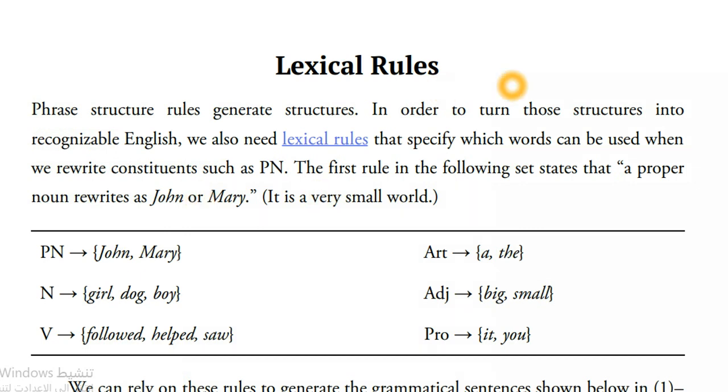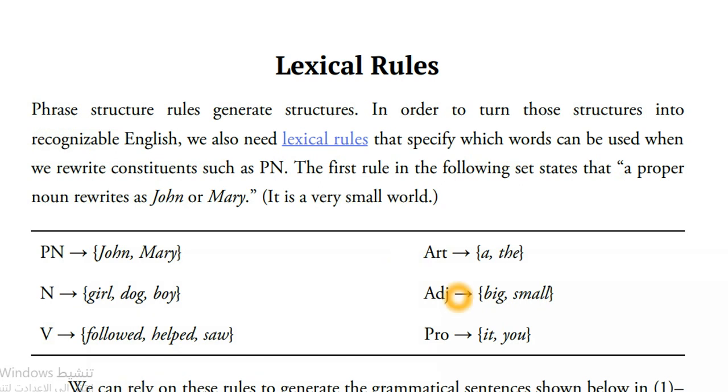In order to turn those structures into recognizable English, we also need lexical rules to specify which words can be used when we rewrite constituents, such as proper noun. Here we have proper nouns like John, Mary. And we have article, a, that. We have adjective, verb, pronoun. So we have to be aware of all these structures.